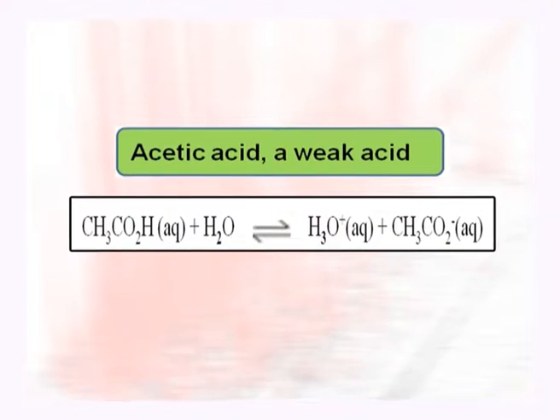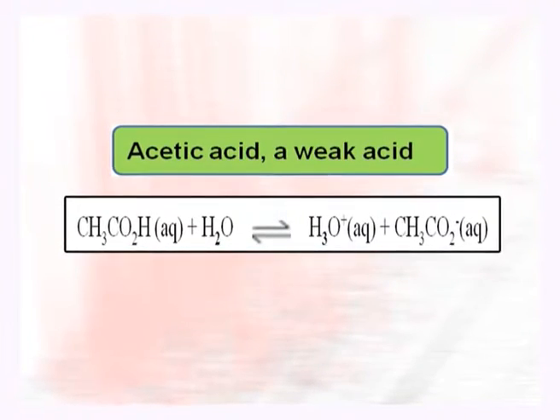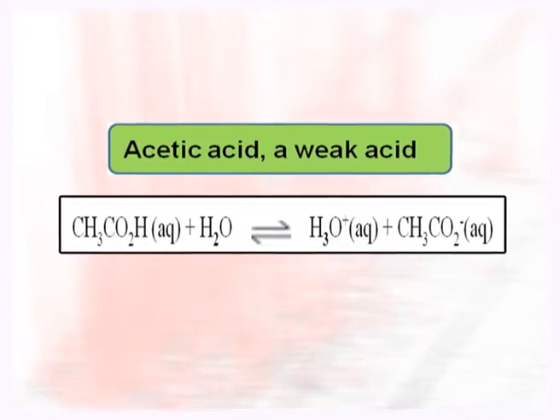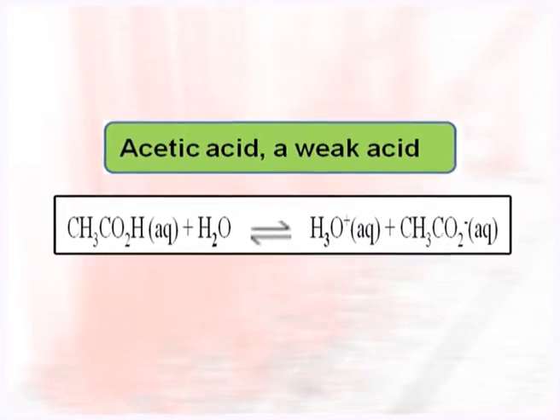In a buffer solution, 4 species exist. For example, in the case of acetic acid and sodium acetate buffer system, a small population of protons exists, produced from the dissociation of acetic acid, along with the bulk amount of undissociated acetic acid.